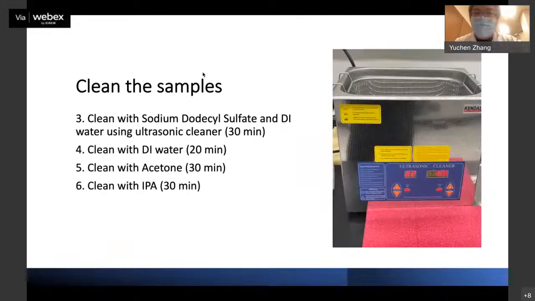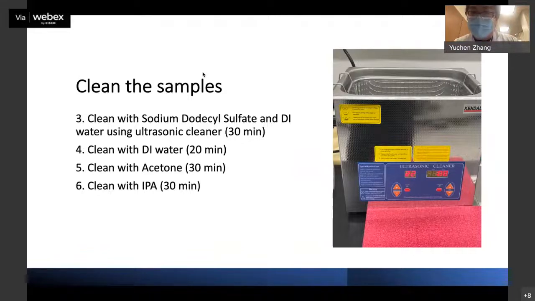First we clean with salt water for 30 minutes, and we put the whole beaker, covered by the glove, in the ultrasonic cleaner. You will see that later in the specific procedure. After that, we change the solution to pure DI water for another 20 minutes.